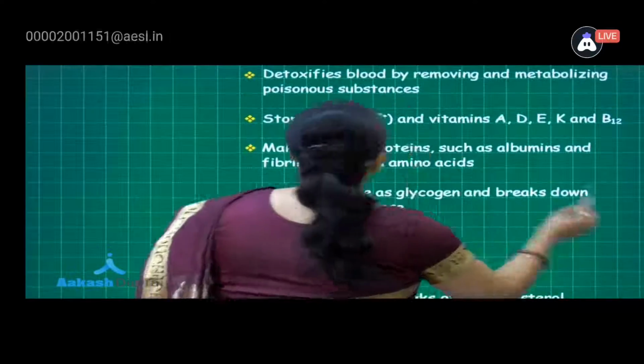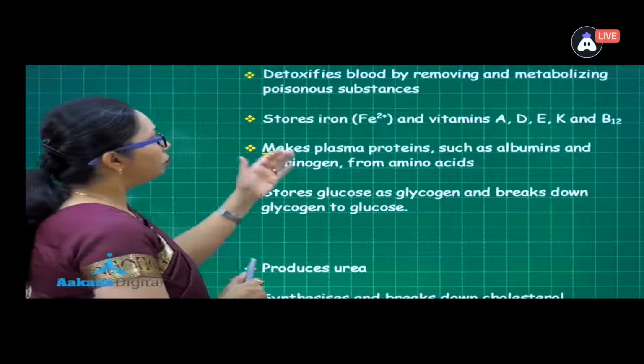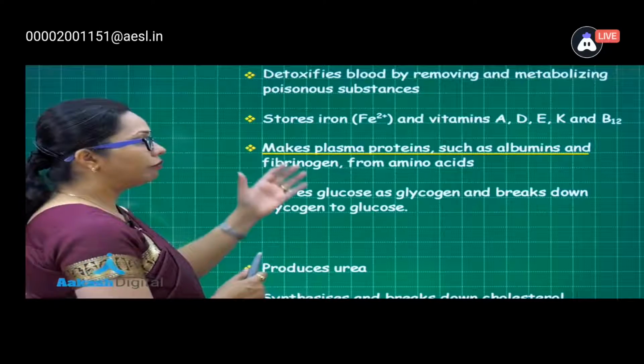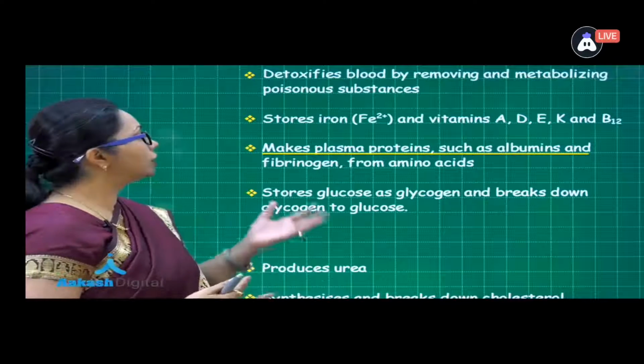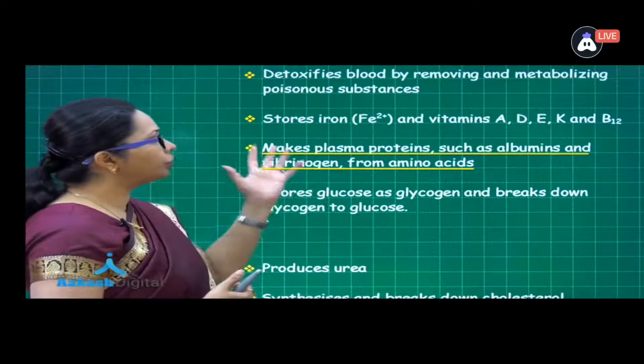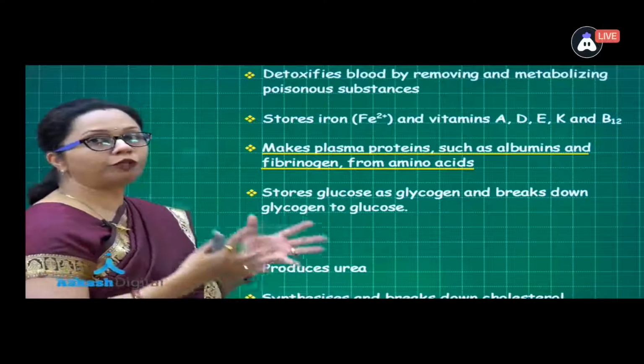The other functions, they make the plasma proteins, various proteins which are present in our blood plasma like albumins and fibrinogen, and all these proteins they synthesize from amino acids.